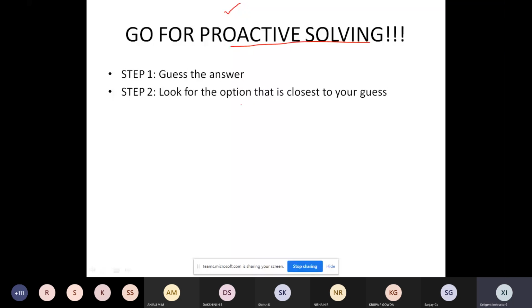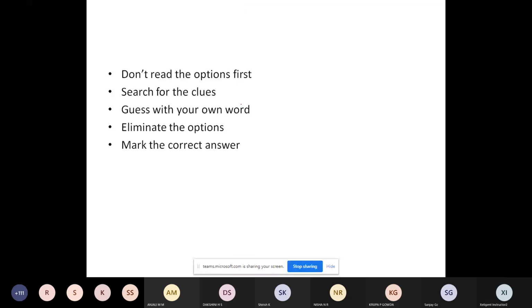Okay, I could get a lot of yes. Now, these are the general instructions. Apart from the steps, these are the instructions which we need to incorporate while solving sentence completion questions. First, do not read the options first, as I mentioned earlier. If you do that, you will end up with a wrong answer.